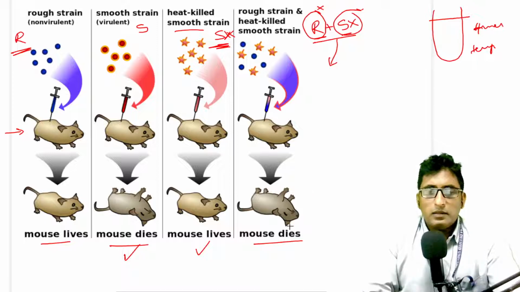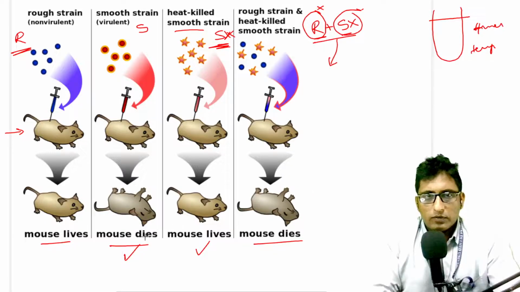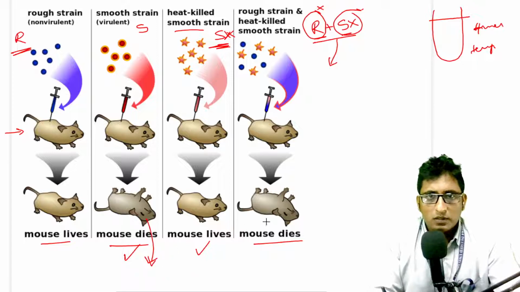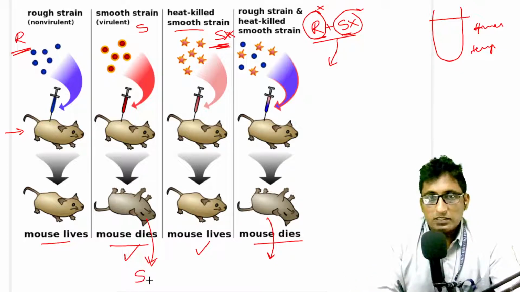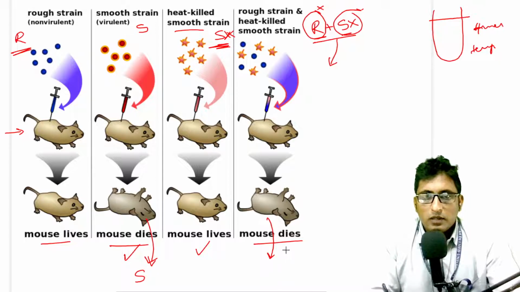And in all of his experiments, wherever the mouse died, he isolated what kind of bacteria is there. Here he got S-type strains, and in this case he also got S-type strains.